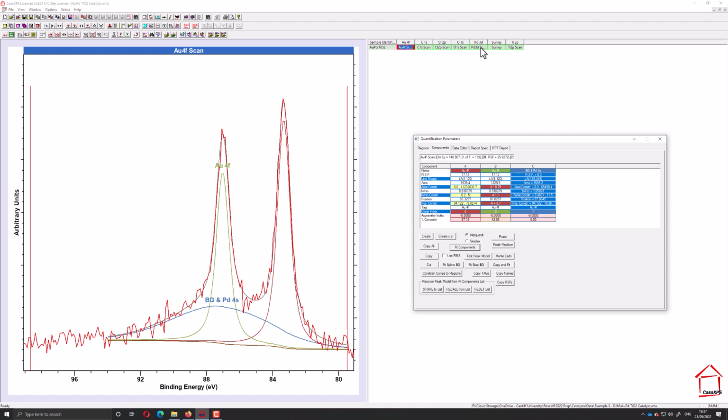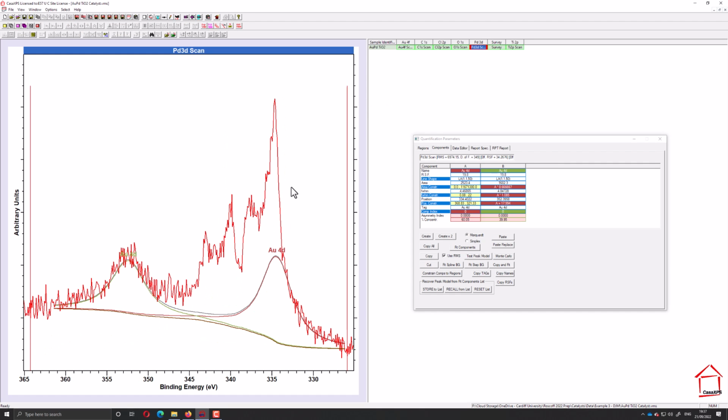If we turn our attention back to the palladium 3D, we have our gold there, and we would expect this gold to quantify equally, or within our levels of certainty in terms of relative sensitivity factors, background shapes, etc., to be 1-to-1 in ratio with the gold 4F, and that comes from our knowledge, as I said earlier, about the nanoparticles being in the range of 5 to 8 nanometers.